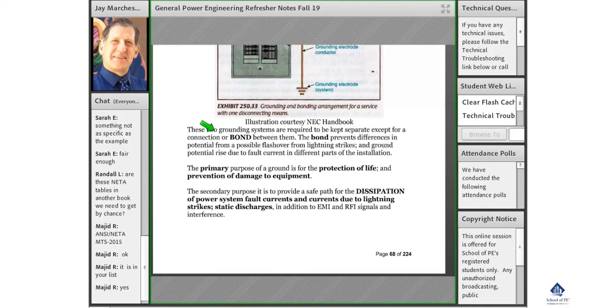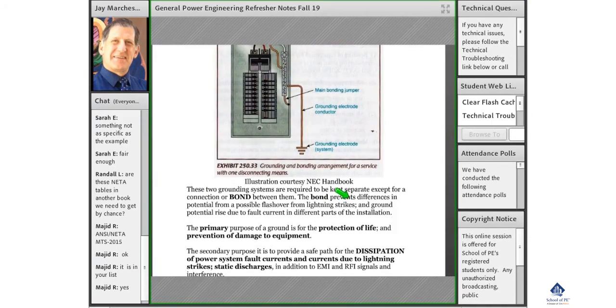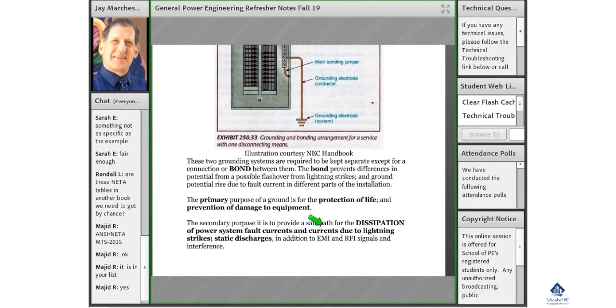So the two grounding systems are required to be kept separate except for a connection or bond between them. The bond prevents differences in potential from a possible flashover. From lightning strikes, you can actually have ground potential rise, which might bring the potential of this up, and you might cause a flashover inside your circuitry.